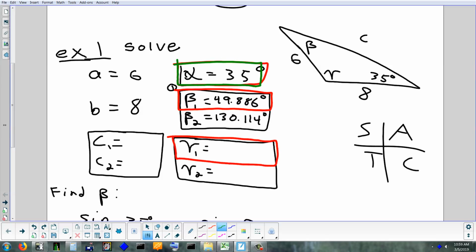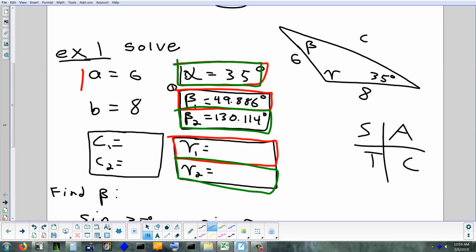That angle is in the green triangle. That's in the green. And that's in the green. So alpha is in both. It's shared between the two. But beta 1 and gamma 1, those are in the same triangle. Beta 2, gamma 2, those are in the same triangle.